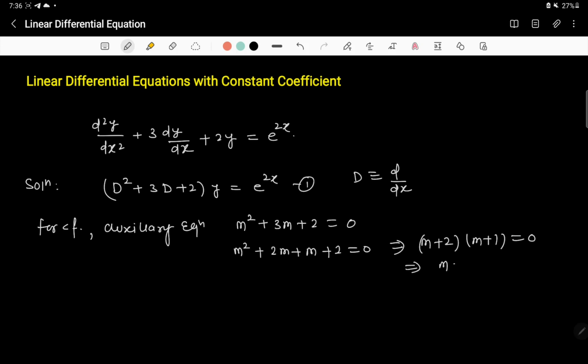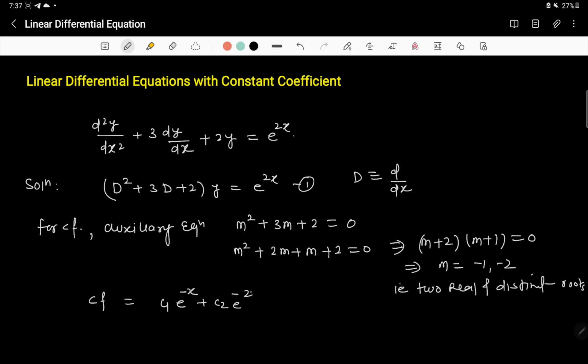This implies that m is equal to minus 1, minus 2, that is, two real and distinct roots. So CF will be C1 exponential minus x plus C2 exponential minus 2x. This is number 2.